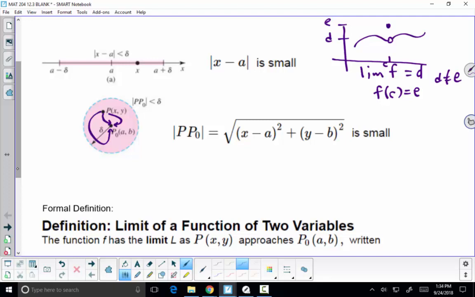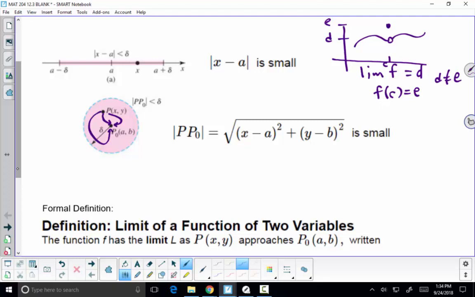So for a two-variable function to have a limit that exists, it doesn't matter how you get to P naught, you must have the same exact limit for every single path to P naught. Now, this idea does allow us to decide when a limit doesn't exist. If we can find two paths to P naught that have different limiting values, then we know the limit does not exist.